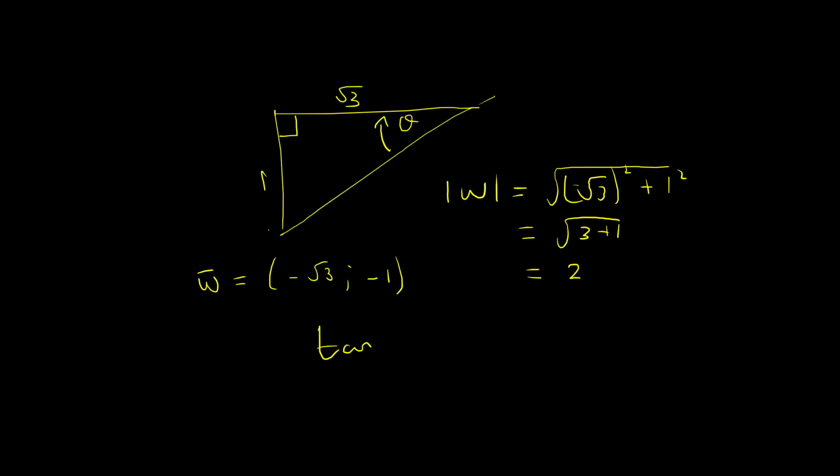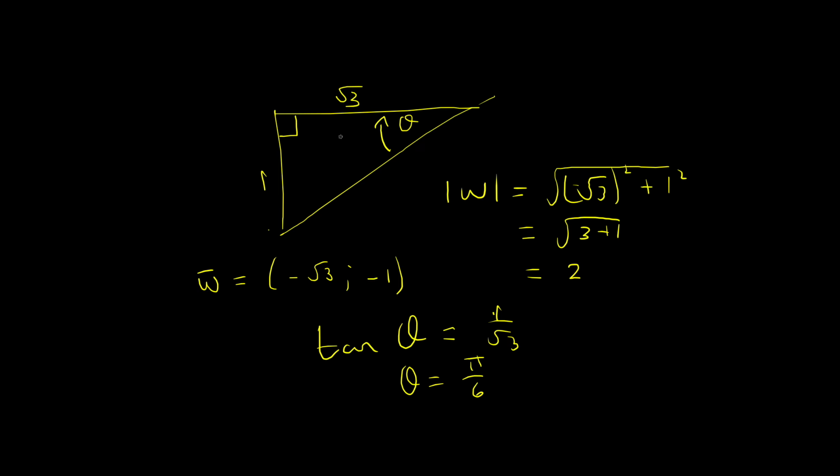Let's look at the angle. In this case, the opposite of this angle is 1, so it's 1 divided by the square root of 3. This is a special angle. If you put 1 over square root of 3 in the calculator, you should get 30 degrees, which would be pi divided by 6.